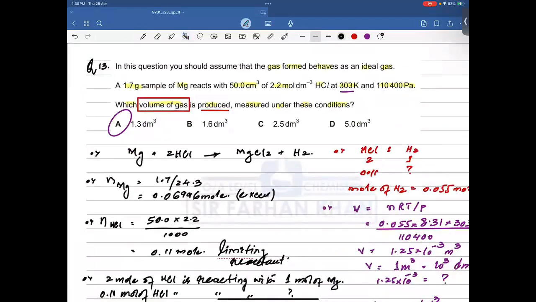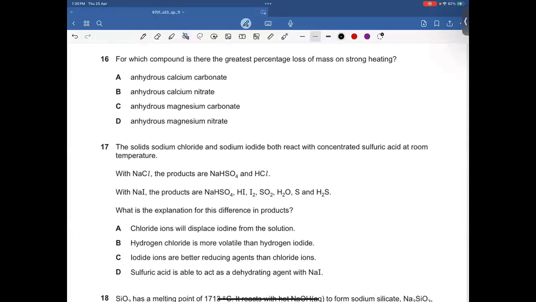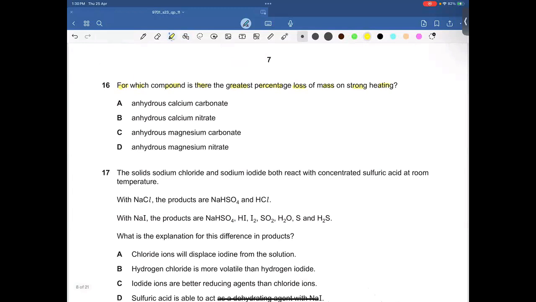So, question number 16. For which compound is there the greatest percentage loss of mass on strong heating? Okay, greatest percentage loss in mass belongs to the loss of gas.